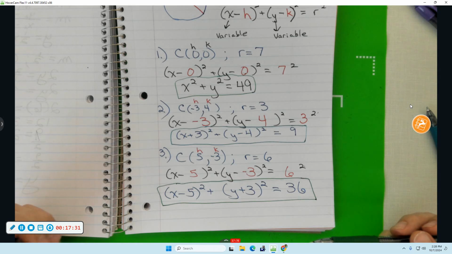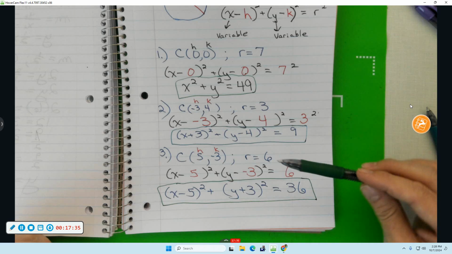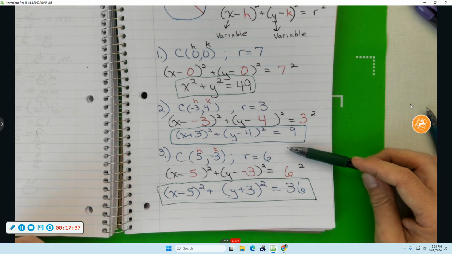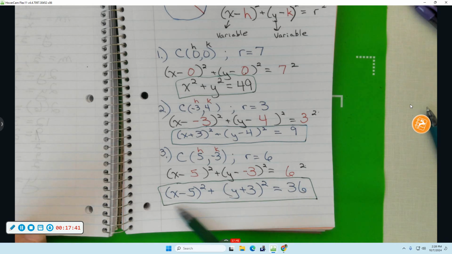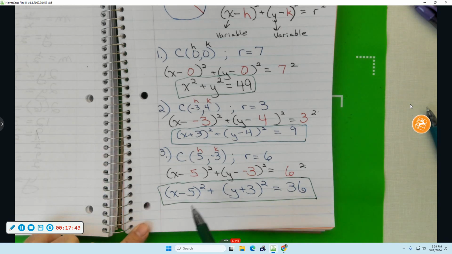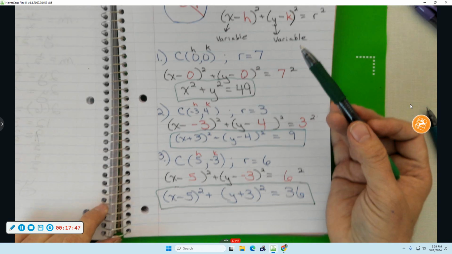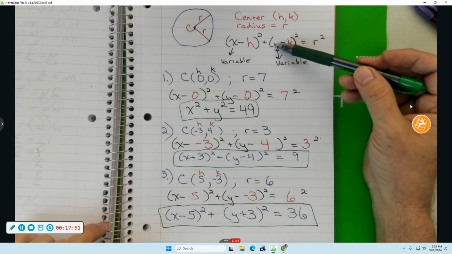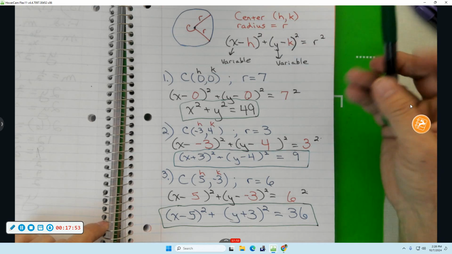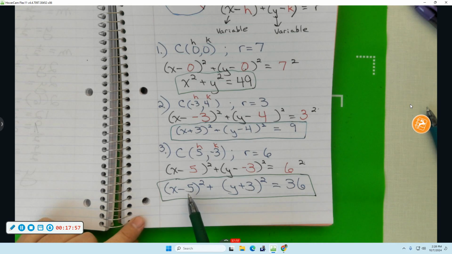Before long, they're going to start giving us the equation, and we'll have to go backwards to determine the center and radius. So notice something. As long as the equation's in center radius form, what you see inside the parentheses, that's not the center. Because remember, that formula had minuses attached, X minus and Y minus. So what you see inside the parentheses is the opposite of the center.